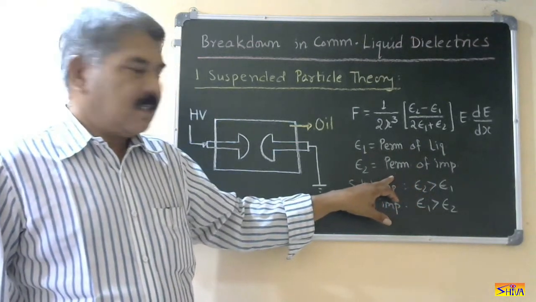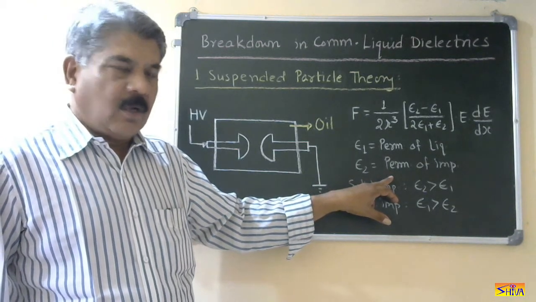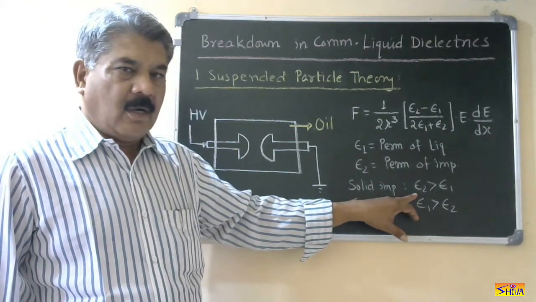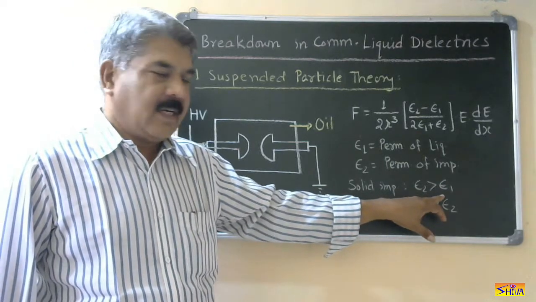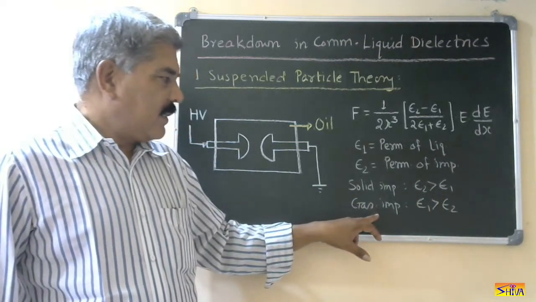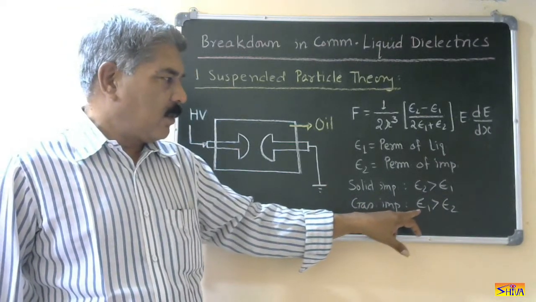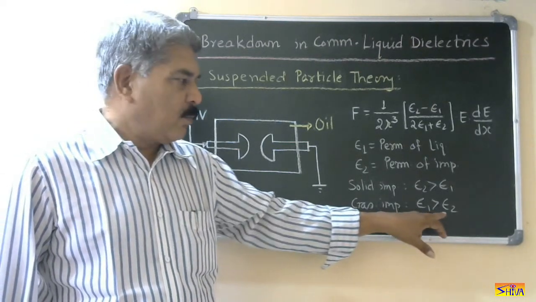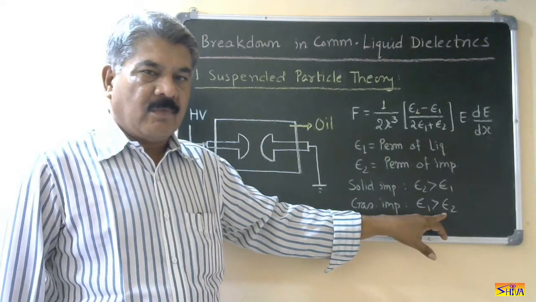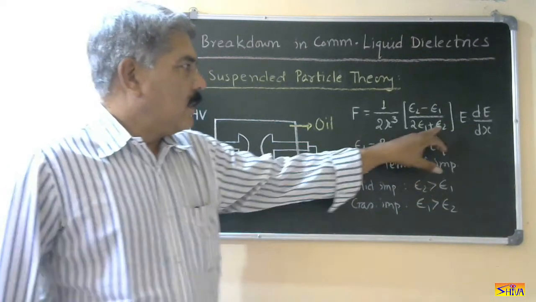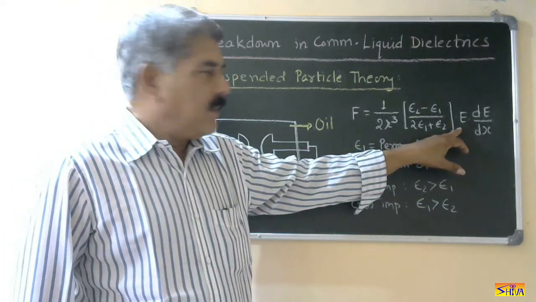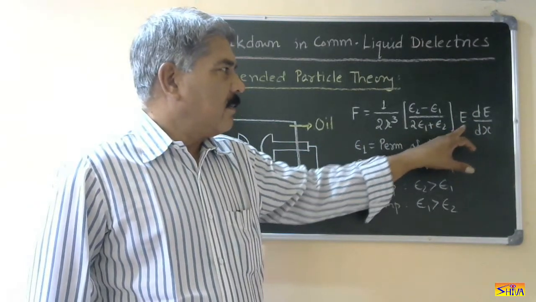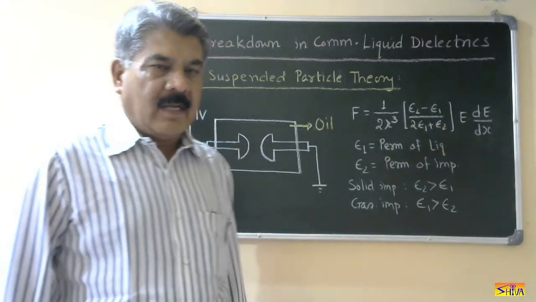Now, if this is a solid impurity, then obviously the permittivity, that is epsilon 2, will be greater than epsilon 1. And if it is a gaseous impurity, then epsilon 1, that is the permittivity of the liquid, will be more than the permittivity of the vapor particle. This is multiplied by E, the electric field, and dE/dx, that is the rate of change of electric field.